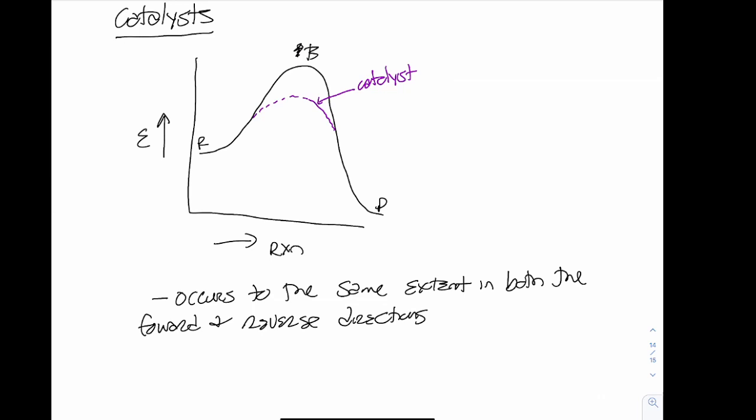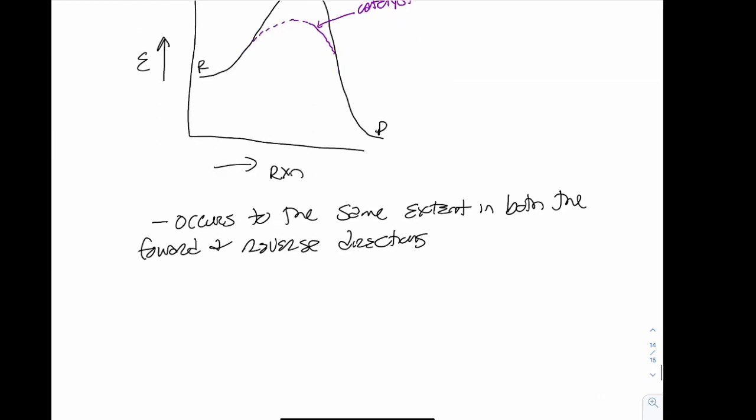So as a result, it's going to reduce the time that it takes to go to reactants. It's also going to reduce the time that it takes to go to products, right? From reactants to products, products to reactants. It's reducing the time for both of those directions equally. Because of that, it actually has no effect on the position of my equilibrium.